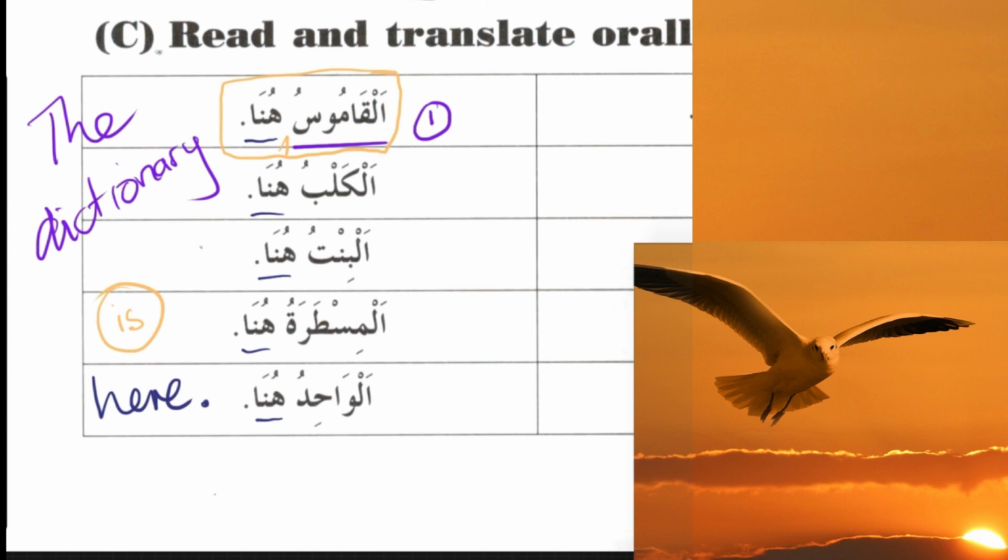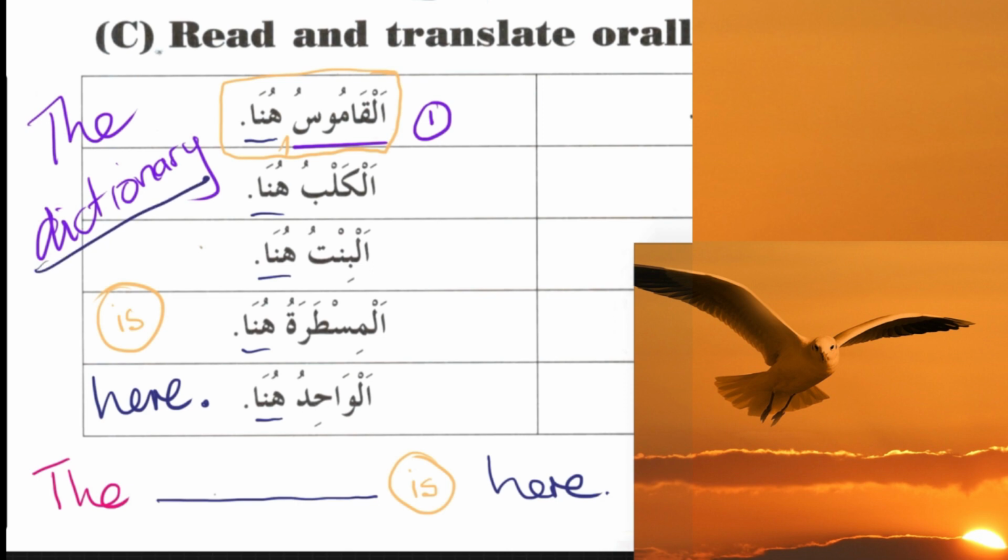So if we look at the sentence al-qamusuna once again, we see that essentially the sentence starts with the noun, then there is a word, and then finally we have هنا. So the something is here. In the case of number one, the dictionary is here.